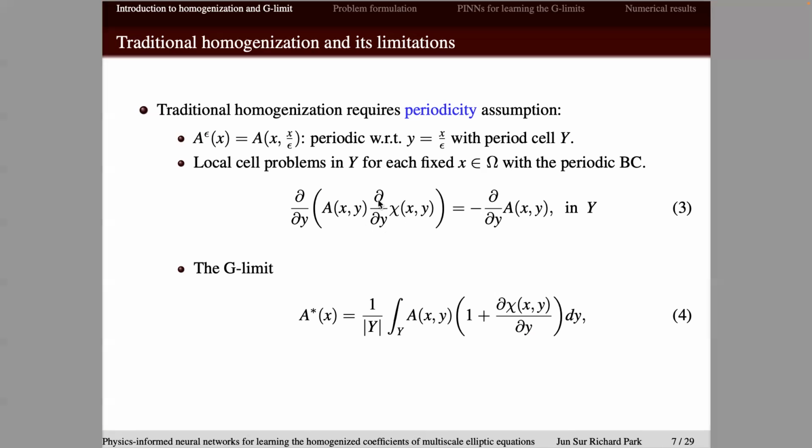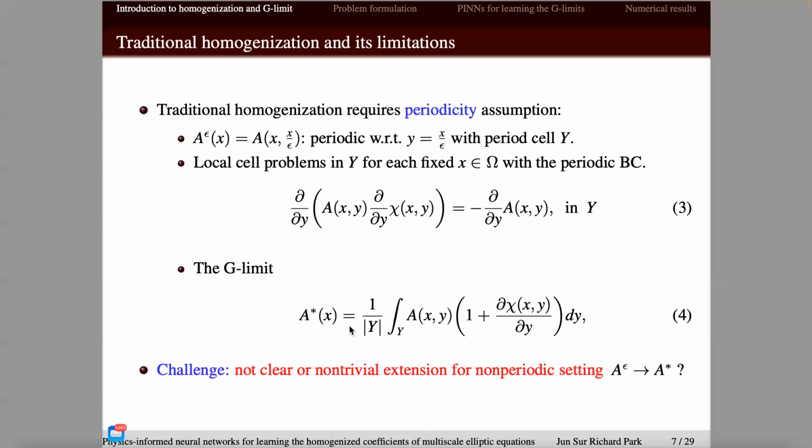And after solving all of these problems, we can finally get this tree limit from the solution of equation 3, which is called the cell problem. So it's computationally expensive. In addition to that, there's another challenge. In some specific cases, it's still possible to handle non-periodicity, but in general, it's not clear how to get our tree limit from a non-periodic multiscale coefficient.